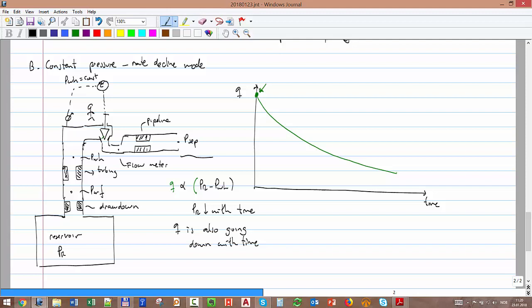That also has the consequence that I have to have something to process this rate. These very high initial rates, I have to have something to process that rate.